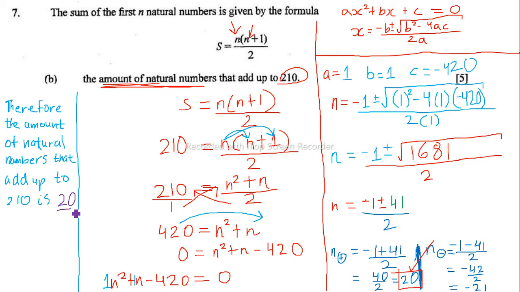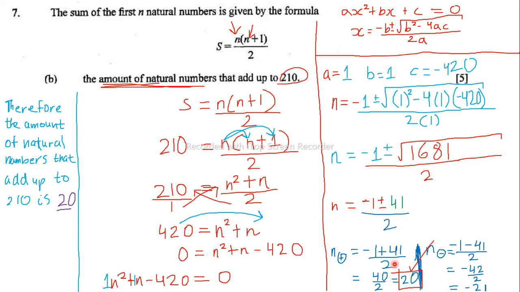Could you explain how you got the positive part one more time? I got the negative part when I tried on my own, but I didn't get the positive part. You mean this part? With the positive, we have negative 1 plus 41, and negative 1 plus 41 is 40.